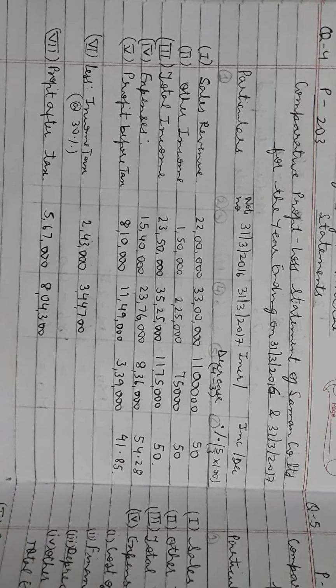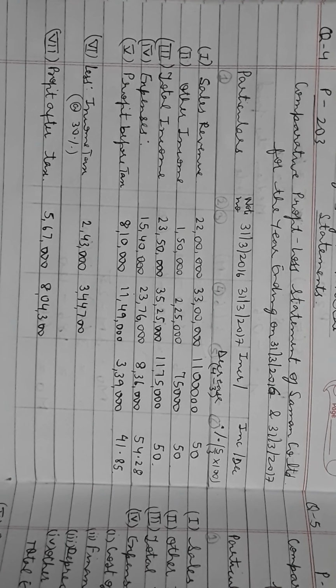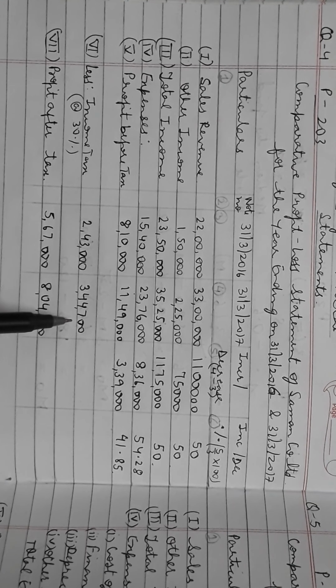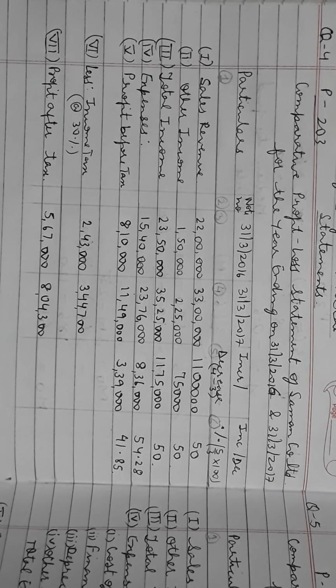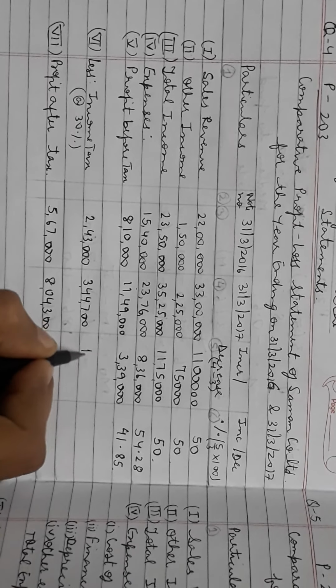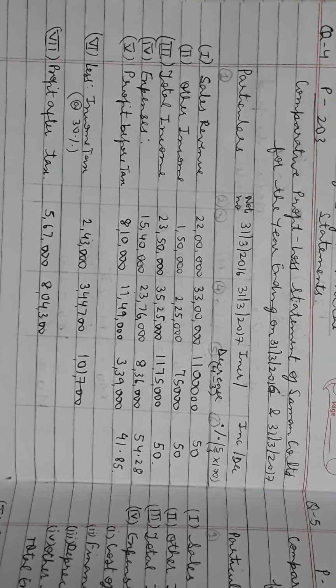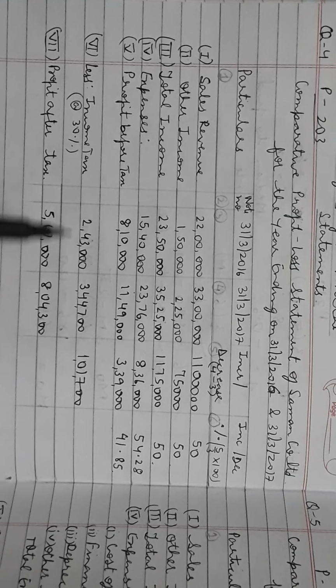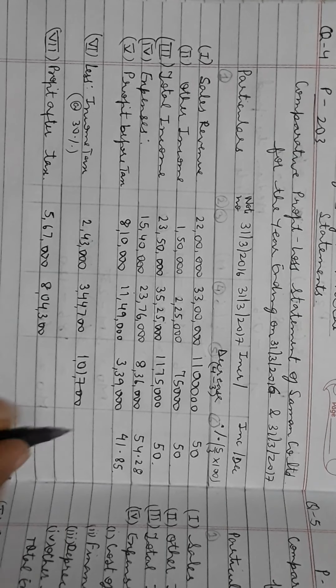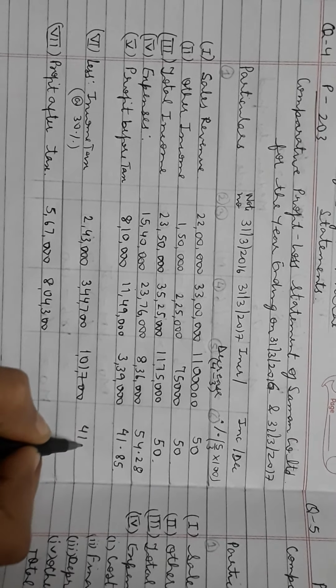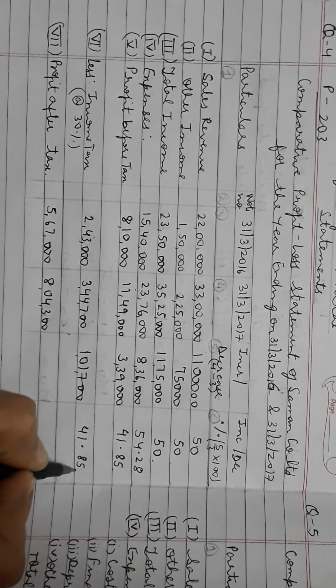Now income tax: 3,44,700 for 2017 minus 2,43,000, that is 1,01,700. Taking percentage, 1,01,700 divided by 2,43,000 into 100. This is again 41.85.